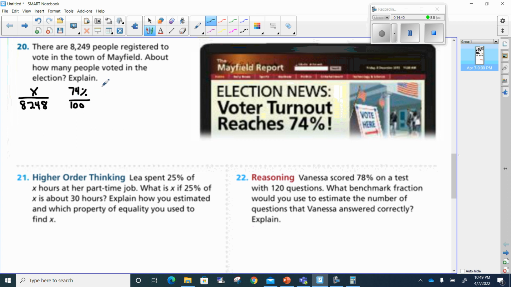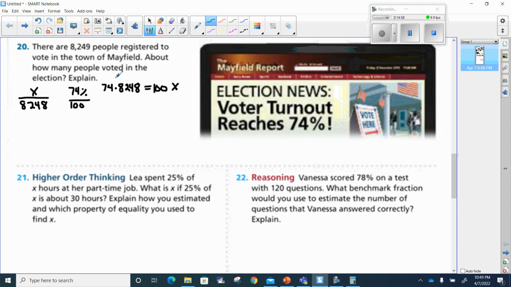That's going to set up the equation 74 times 8,248 has to equal 100 times x.